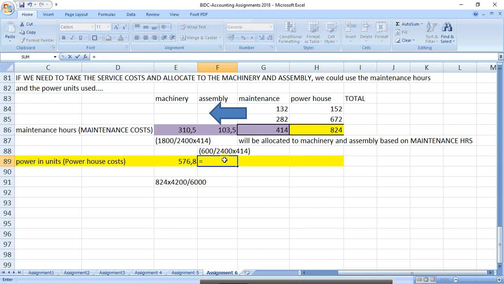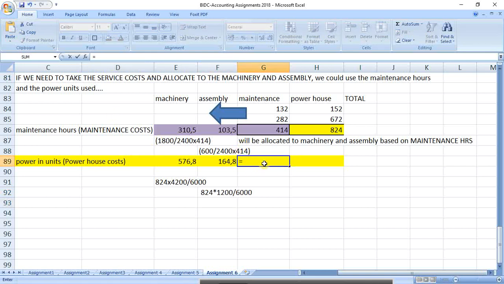Okay, then I do the same thing here. 824 times. How much power does the assembly use? 1,200. Exactly. Divided by, how much power does the whole business use? 6,000. Okay, we had that earlier. Right, so in terms of working, that would have been the working for the second one.